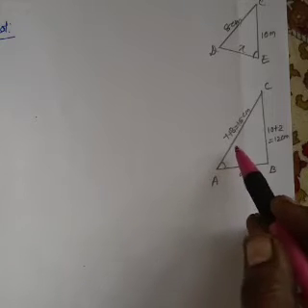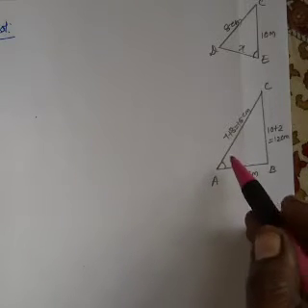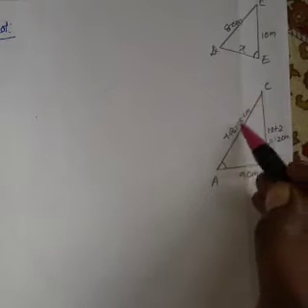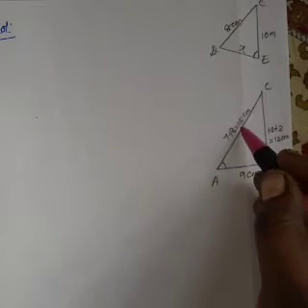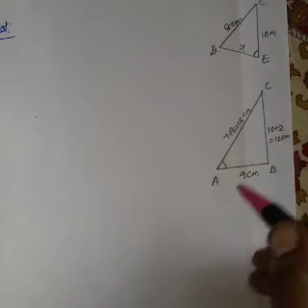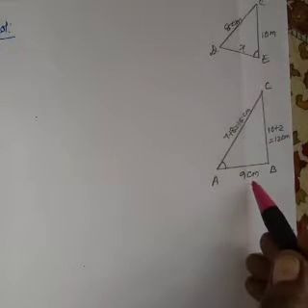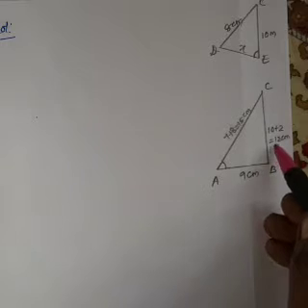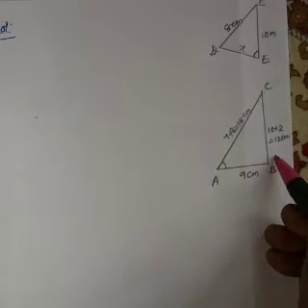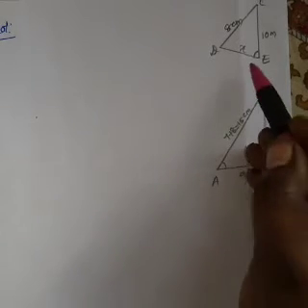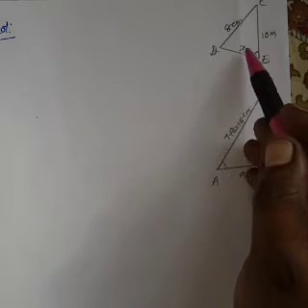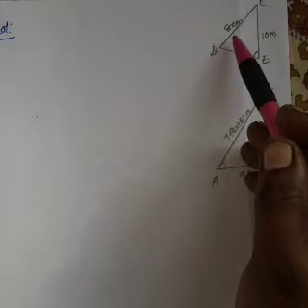In the question itself they gave 7 centimeter and 8 centimeter. 7 plus 8 is the total length of AC, that means 15 centimeter. Then AB length is 9 centimeter. BC length is given as 10 plus 2, that is BE plus CE. So it is 12 centimeter. Then inside we have a small triangle, that is CDE. There only two side lengths are given.